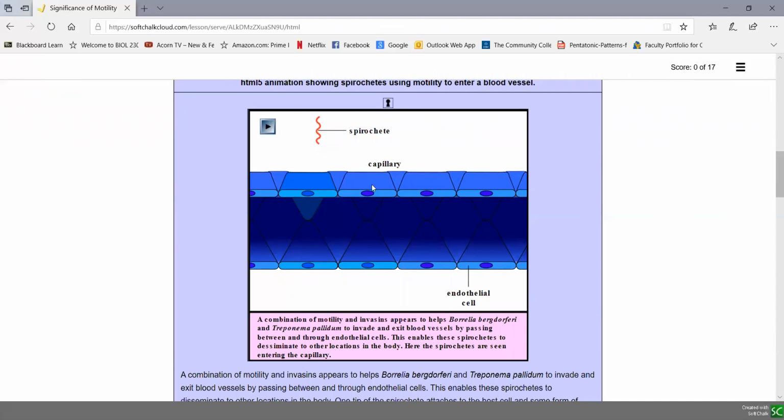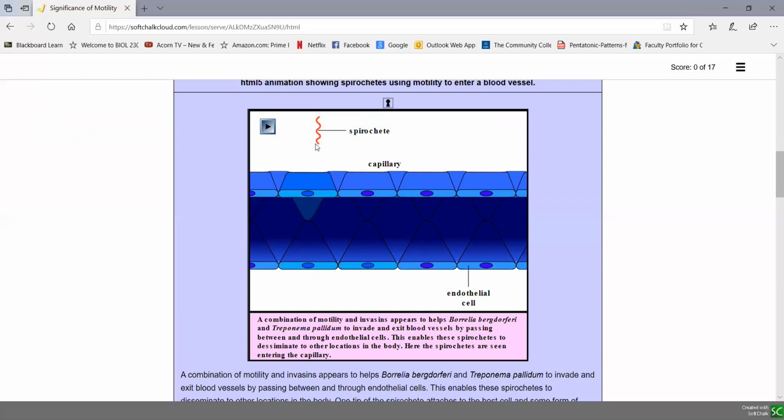So this is a capillary right here, which is made up of a single layer of endothelial cells. And of course, the blood cells and the plasma are flowing through here. Now, what the pathogenic spirochetes can do is their tips have an adhesin that allows them to adhere to the surface of the cells at their tip.